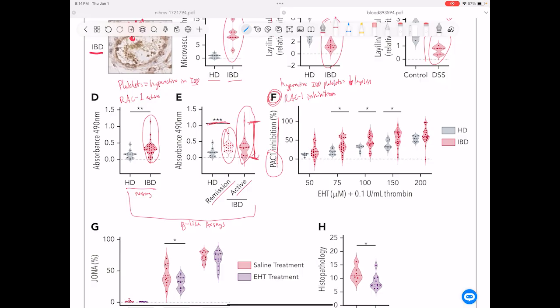And this is a little different from previous y-axes, but the idea is going to be there. The higher you are on this axis, the more inhibited you are, or the platelets are. What shocked us was that, unlike the mice, when we increased the EHT concentration here, we actually saw an increase in inhibition. They were more sensitive.